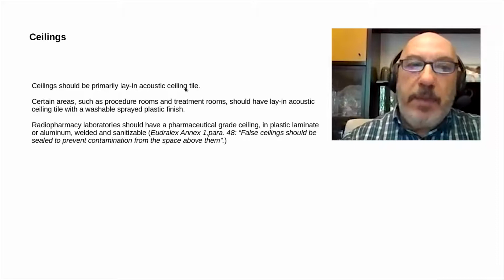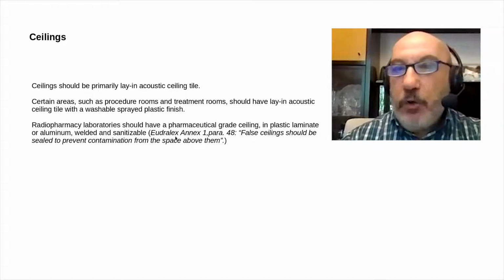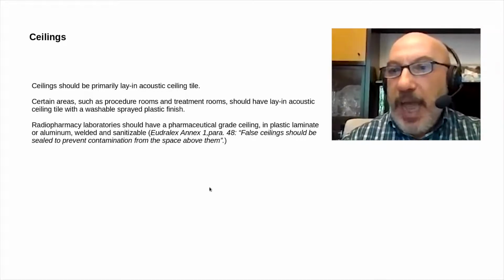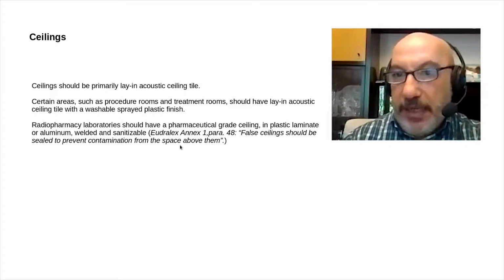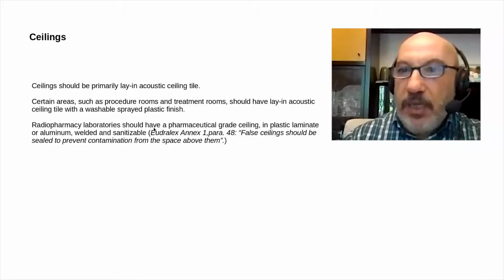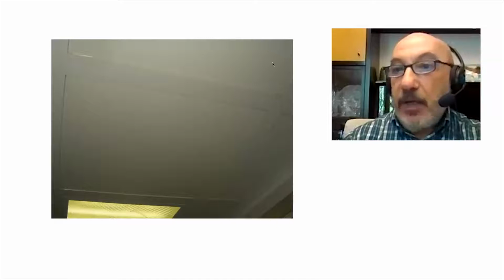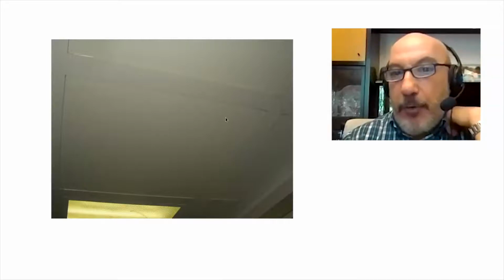But in some specific areas, like in the radiopharmacy laboratory, we have a very precise requirement of isolation of the laboratory area from the space above the false ceiling. So this should be welded, continuous, sanitizable, in order to avoid any entrance of powder and other materials from the top of the ceiling to the real laboratory area.